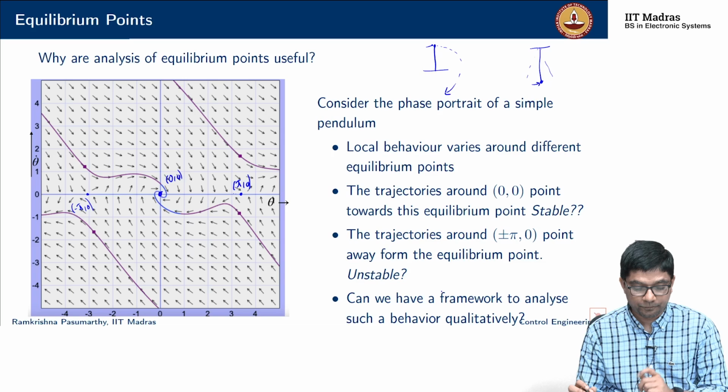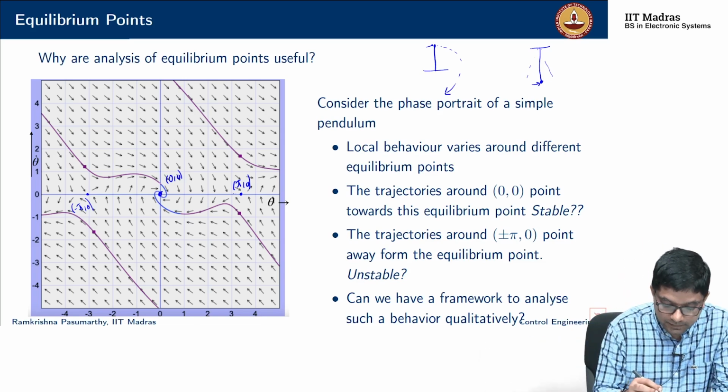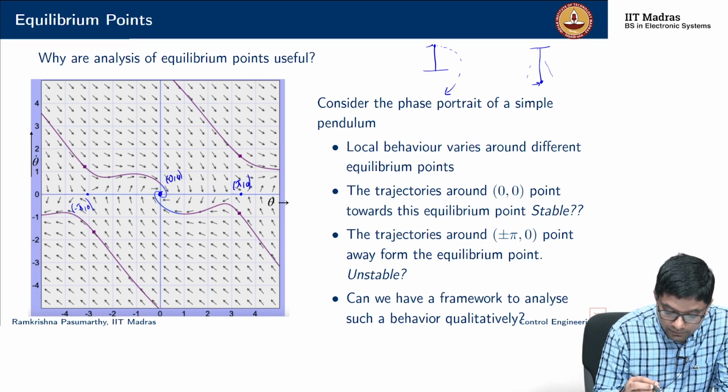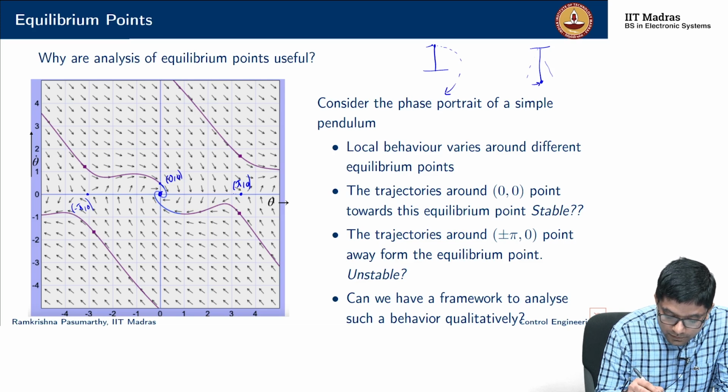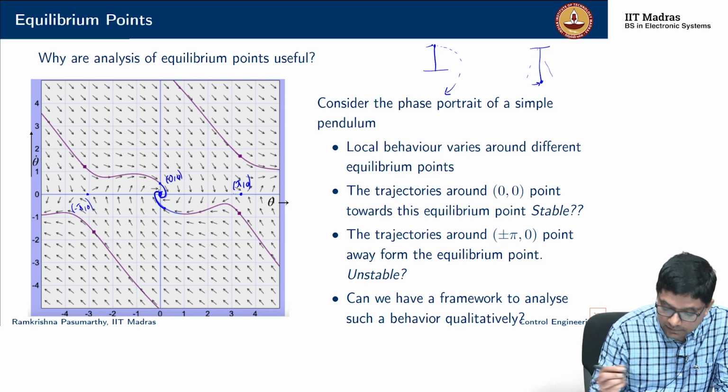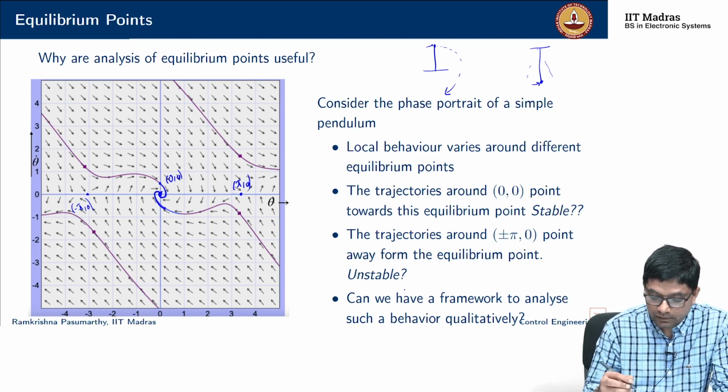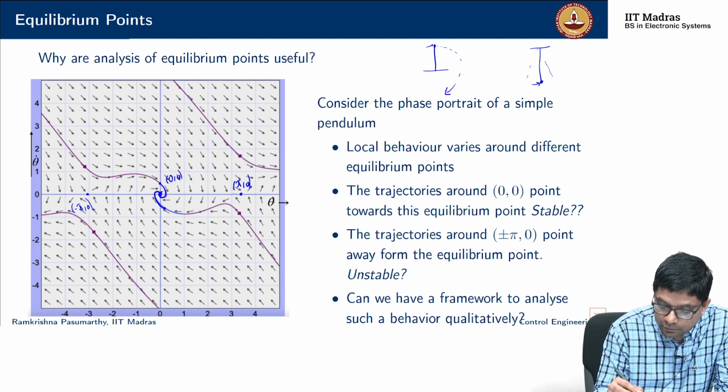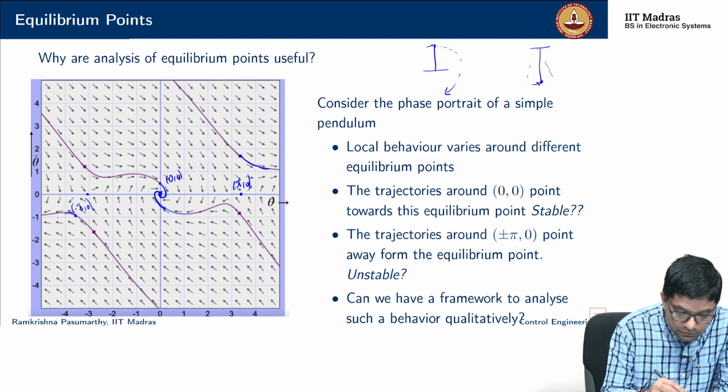Okay. Now, let us look at this point 0 0. If I am anywhere around this point, let us say I am at this point, I just come here and settle down here. If I am around here, I come here and settle down here. Okay. Now, similarly around this point, if I am here, I just go away from this point. If I am here, I just go away from this point.